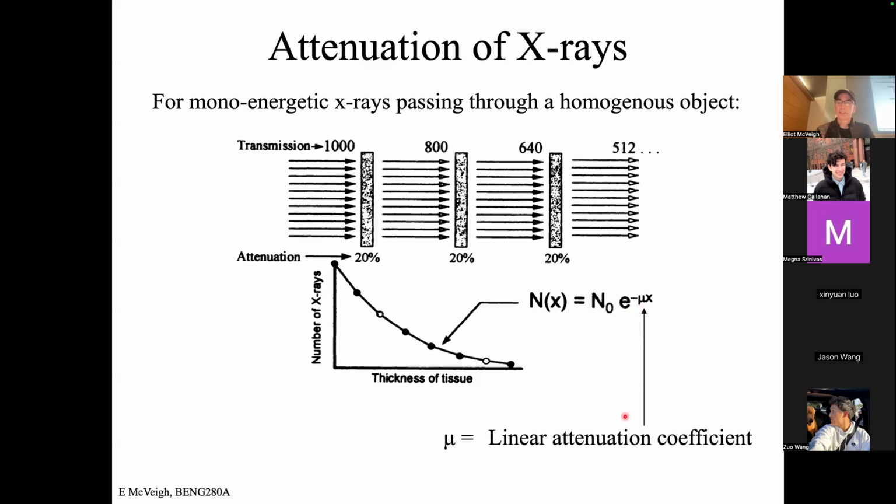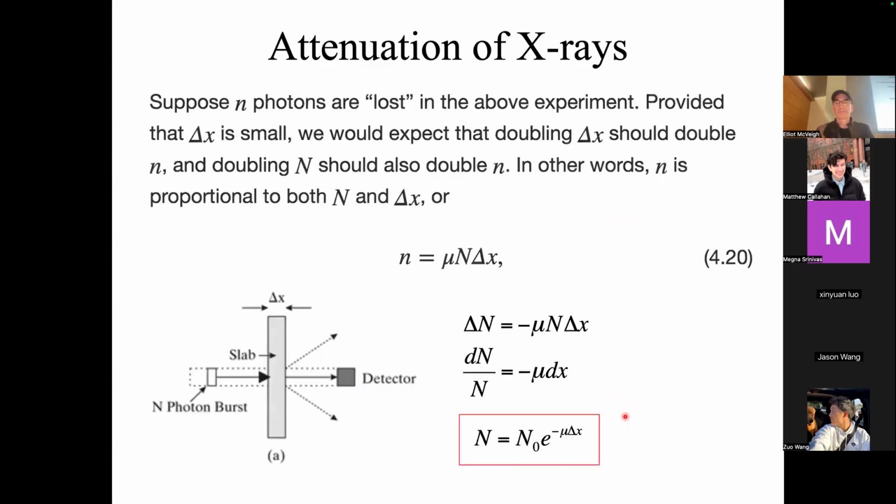It's called the linear attenuation coefficient. The mass attenuation coefficient is often what's given so that you multiply by the density of the stuff in order to get the true attenuation, okay?